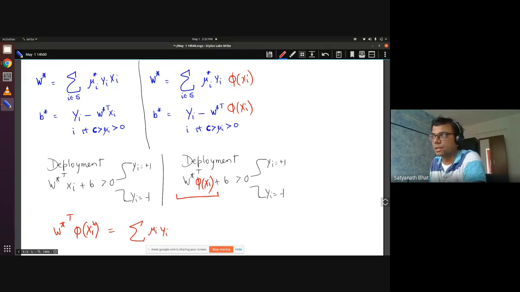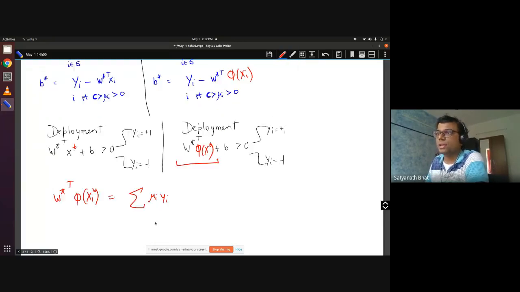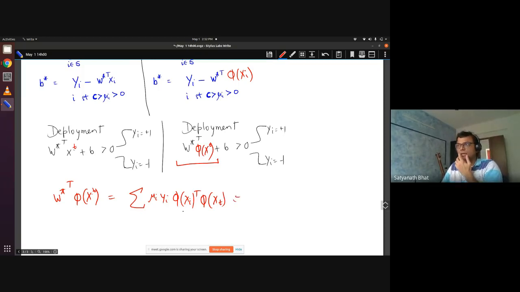Let us say, instead of writing xi, let me write xt. So when you take the test point, you will get phi of xi transpose phi of x test point. This is now again back to the kernel.